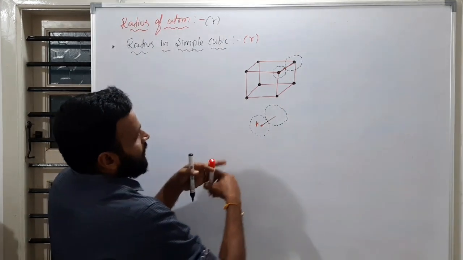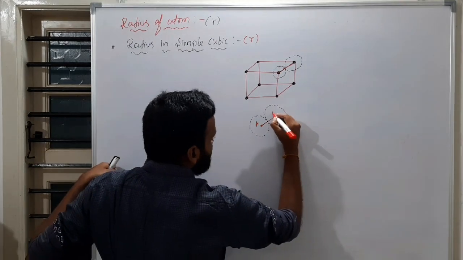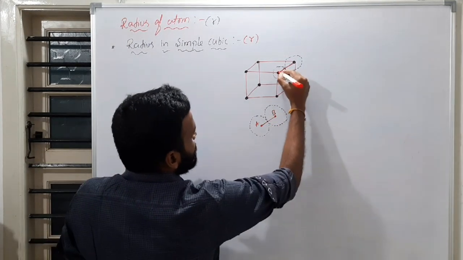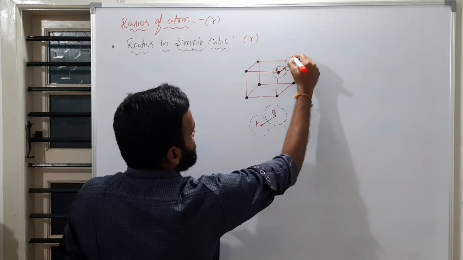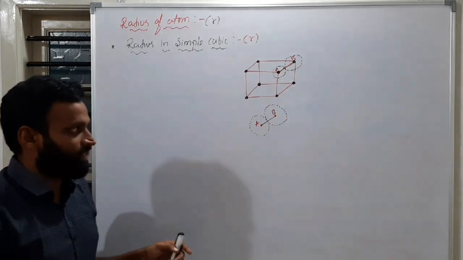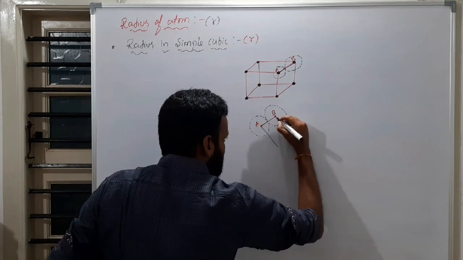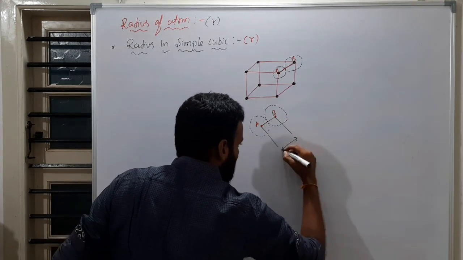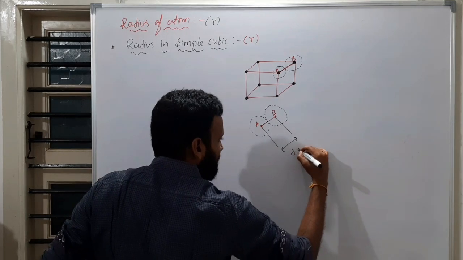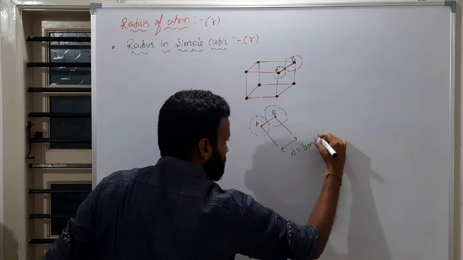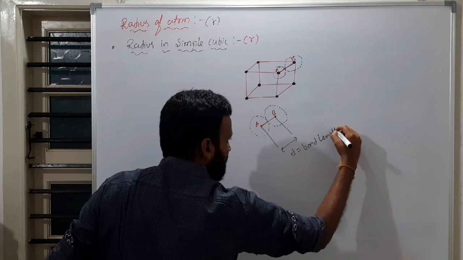This will be the edge length. This A to B is called the nearest distance or D. D is the nearest distance or else bond length.